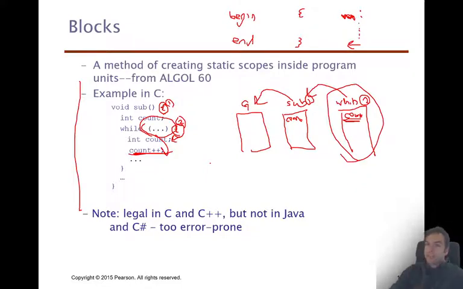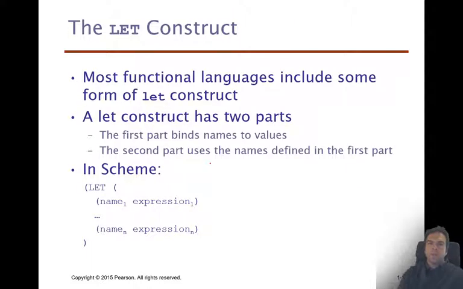Okay, so in addition, we have functional languages, which also have, if you remember, we used the let construct, or also lambda functions in functional languages. And those also create scopes, and you can nest let constructs as deep as you want, right? We used let. We often used a square brace here, but it's the same thing. We would have a name, and then an expression that was stored there, a name, and then the expression that was stored there.